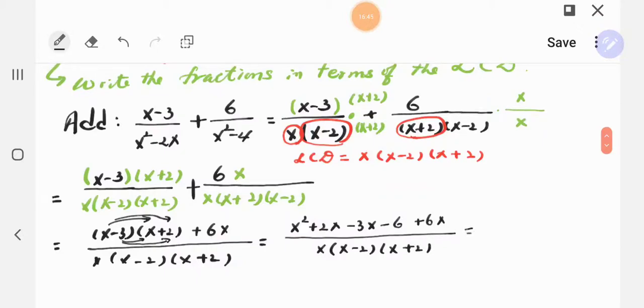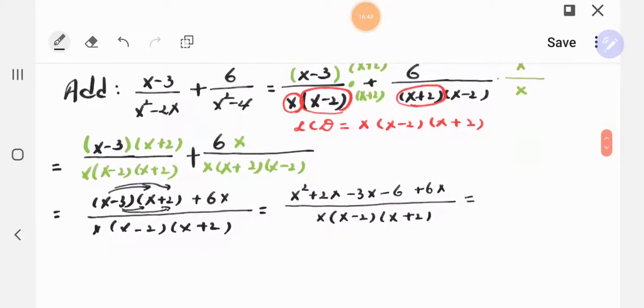So simply combine the like terms in the numerator: x squared, minus x and plus 6x, combine these three. So that is plus 5x and then minus 6, over x times (x minus 2)(x plus 2).